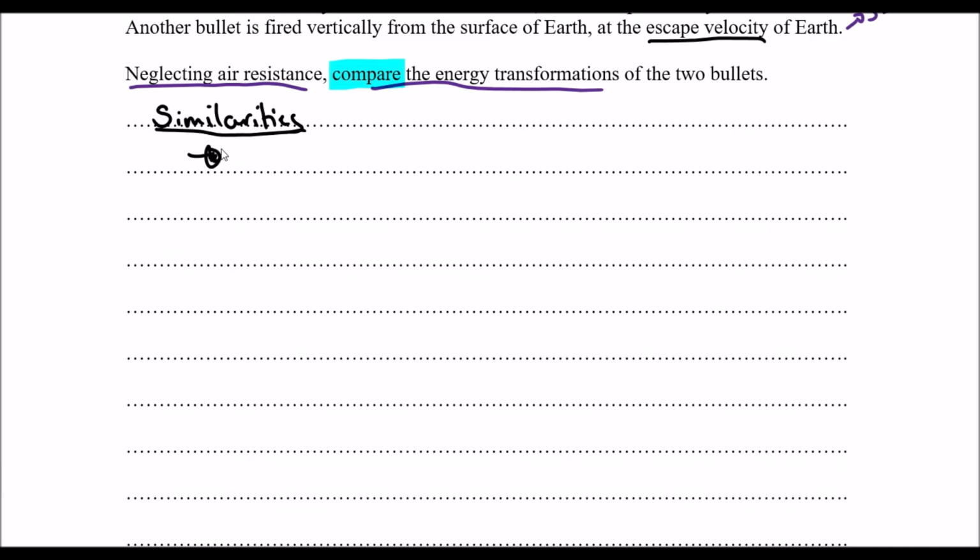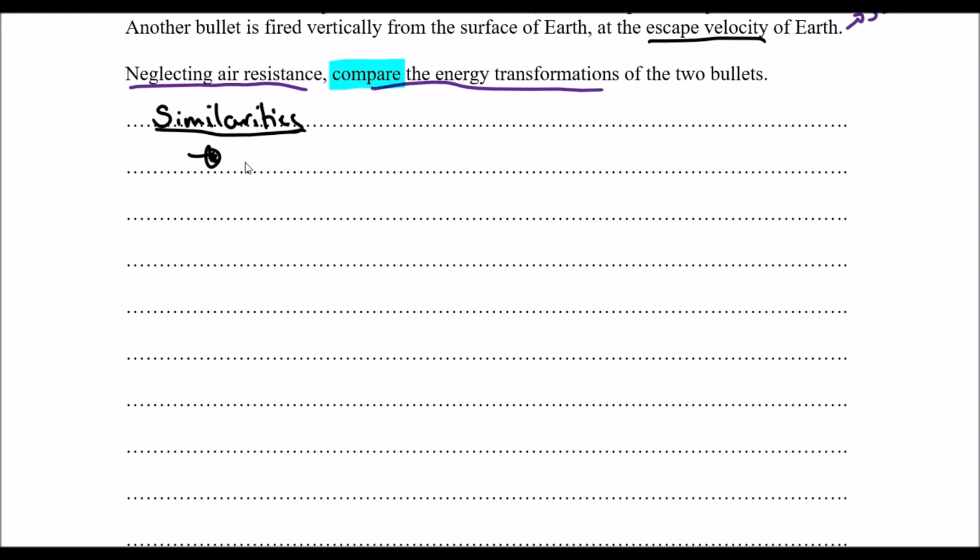Okay, we can firstly say, as both are just launched projectiles, there is no additional energy added to the bullet, and so we know for sure that the total energy will remain constant.